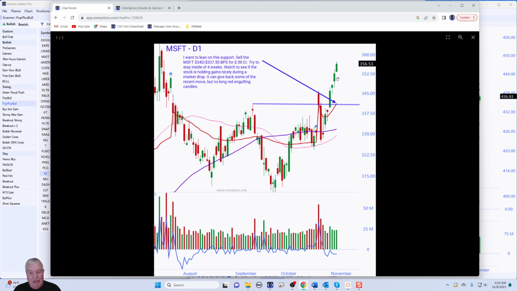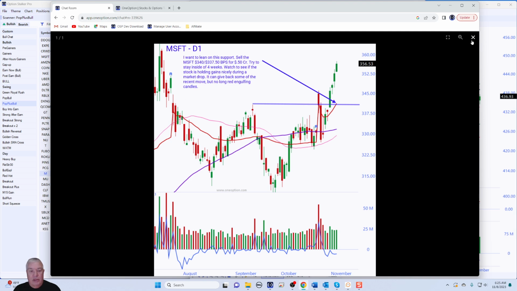It's not going to participate on the downside like other stocks would. So we see this gradual little pullback when the market dips, and that's going to let us get this spread off at our price, and that's going to allow us to lean on that horizontal resistance that is now support.